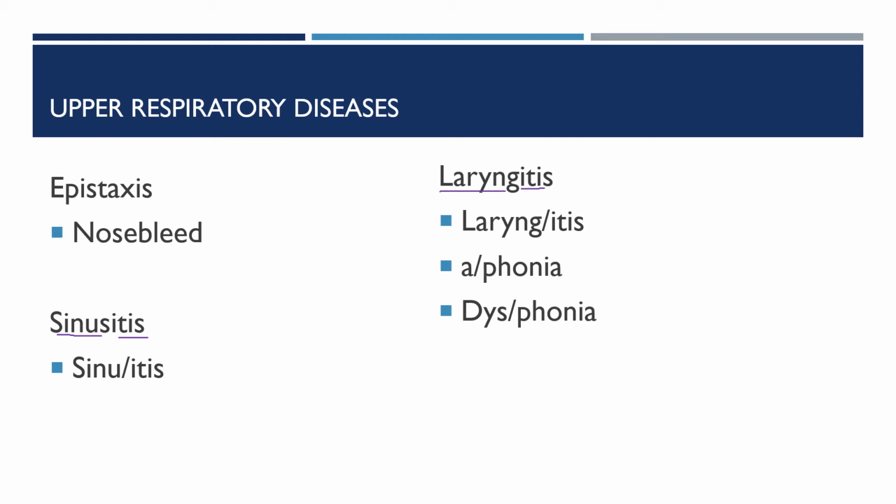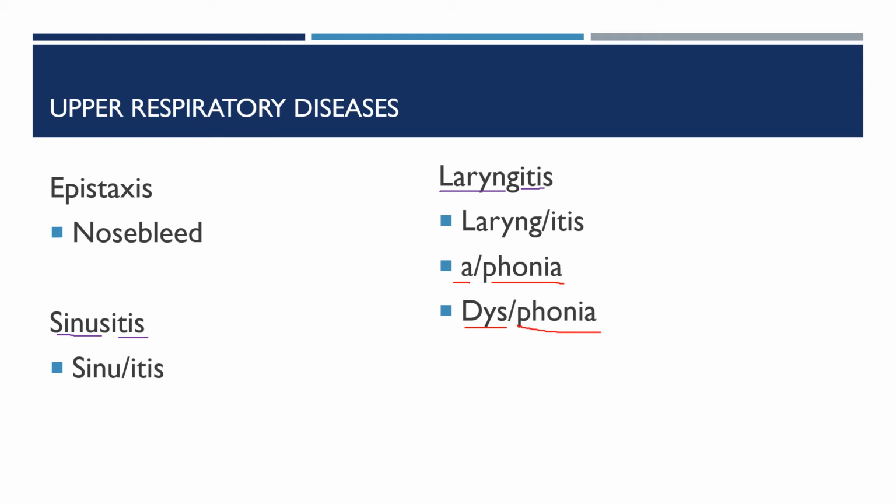Two terms related to laryngitis. The first one, aphonia. Phonia is speech. Aphonia is without speech. If someone has aphonia, they can't speak at all. Most often, though, people with laryngitis get dysphonia.